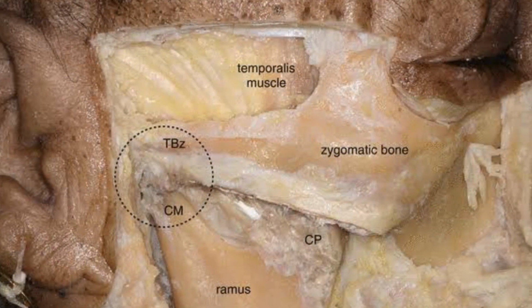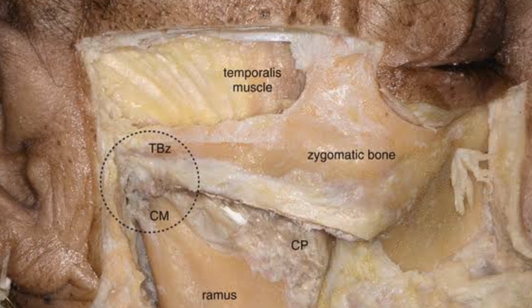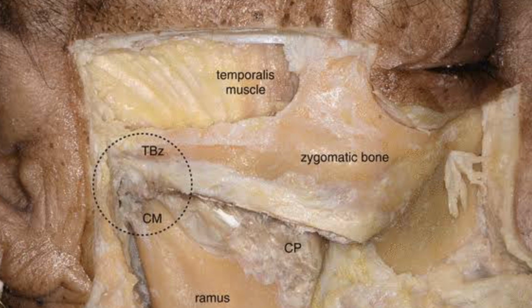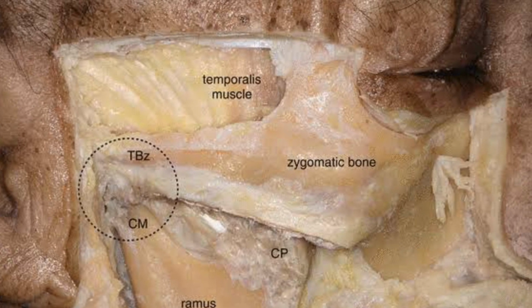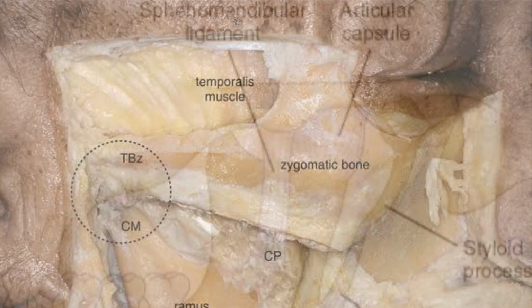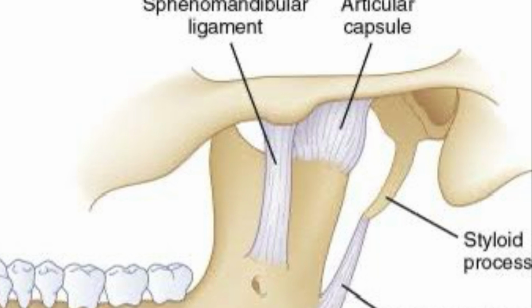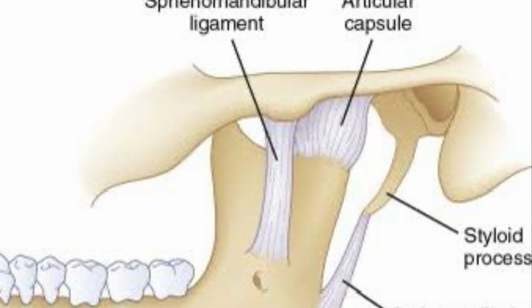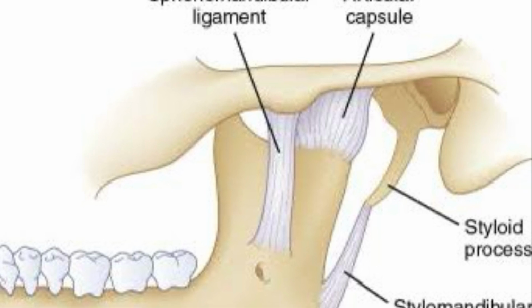Now, the ligaments of the TM joint. First is the fibrous capsule, or you can say capsular ligament. It extends from the articular tubercle to the circumference of the mandibular fossa in front, to the squamotympanic fissure behind. Below, it is connected to the neck of the mandible, and anteriorly it blends with the tendon of the lateral pterygoid muscle.